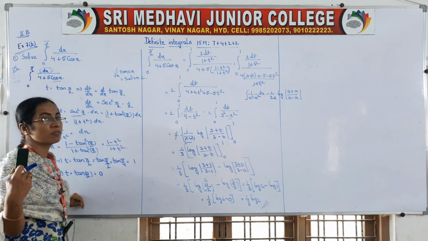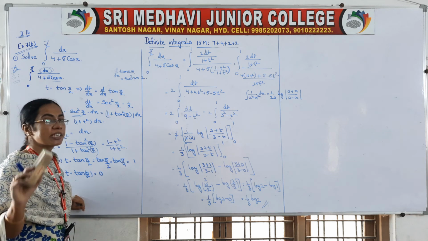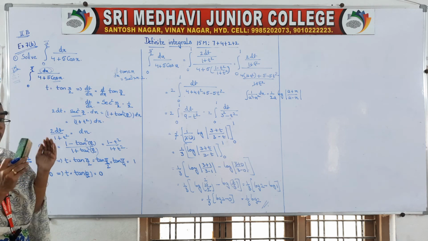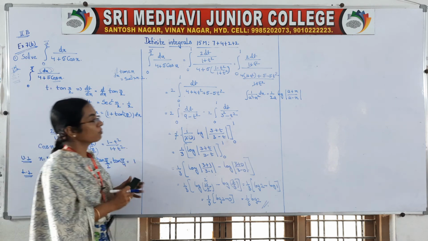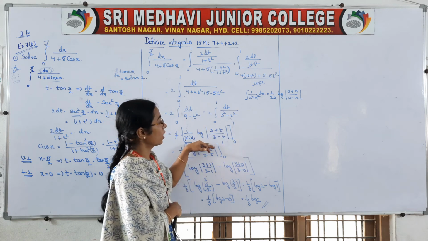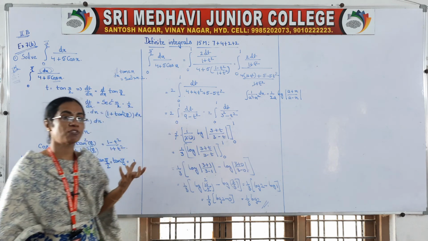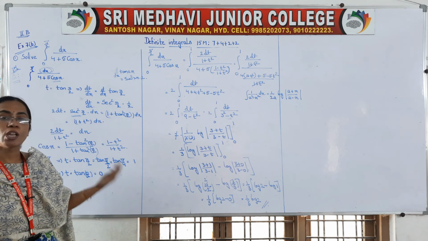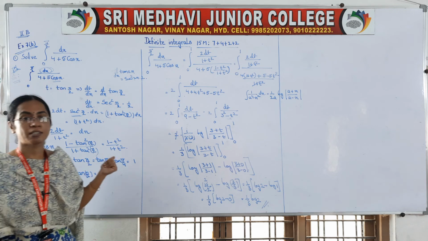That means we convert the limits also in terms of t, and substitute. It will reduce into one standard formula form of integrals. So apply the formula, after that you will get one function; in that function substitute the upper limit minus lower limit, and you will get your answer.